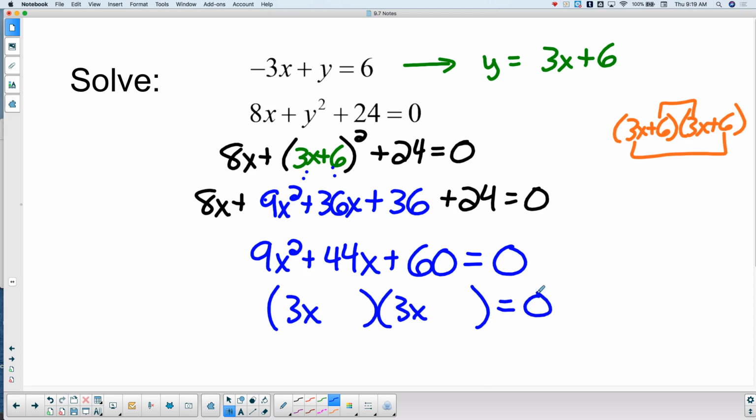So 60. My factors of 60 are 1 and 60, 2 and 30, 3 and 20, 4 and 15, 5 and 12, 6 and 10. So I need to get 44 out of that.